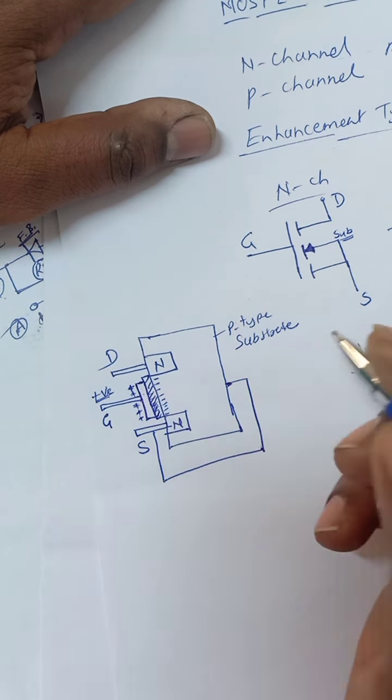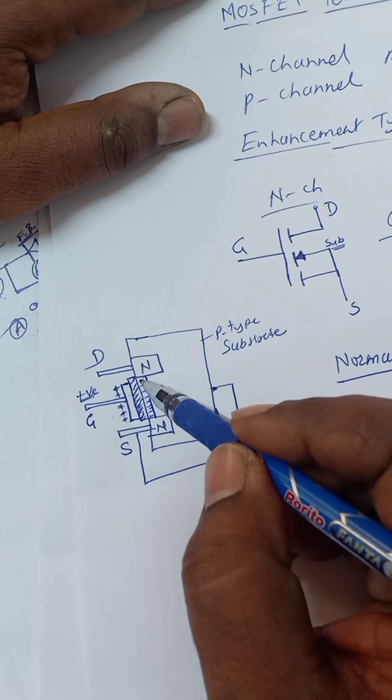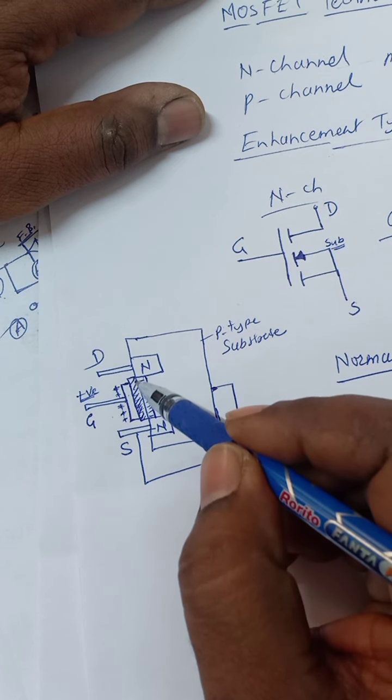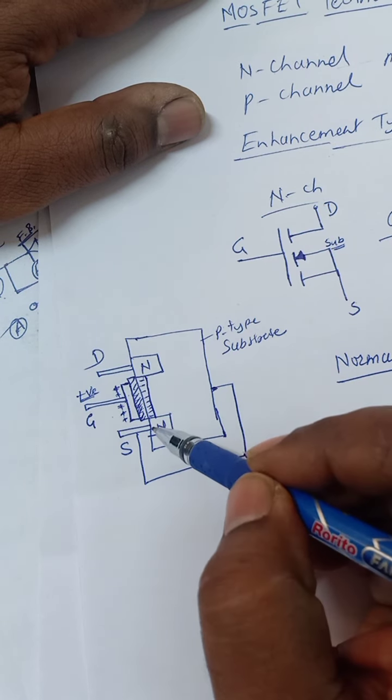Inversion layer electrons are collected near the oxide layer between drain and source.